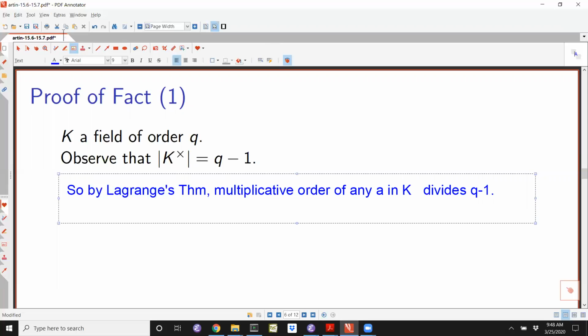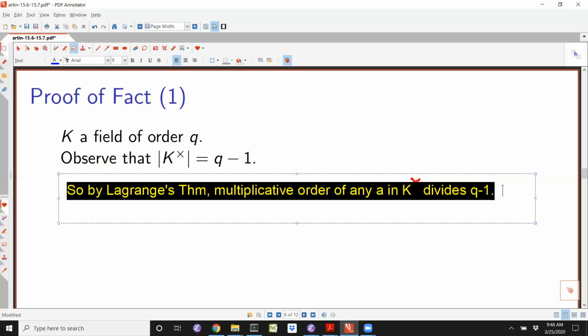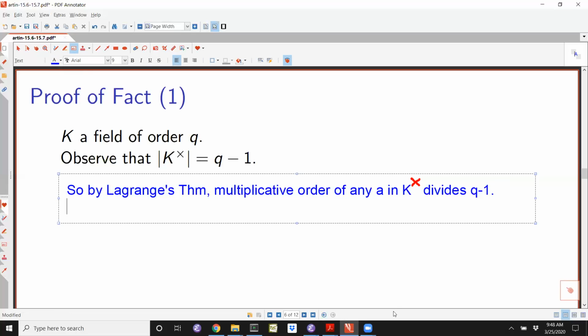If you have any element of the multiplicative group of our finite field K, the multiplicative order of that element must divide q minus 1. In other words, a to the q minus 1 equals 1. Or in other words, a to the q minus 1 minus 1 equals 0.